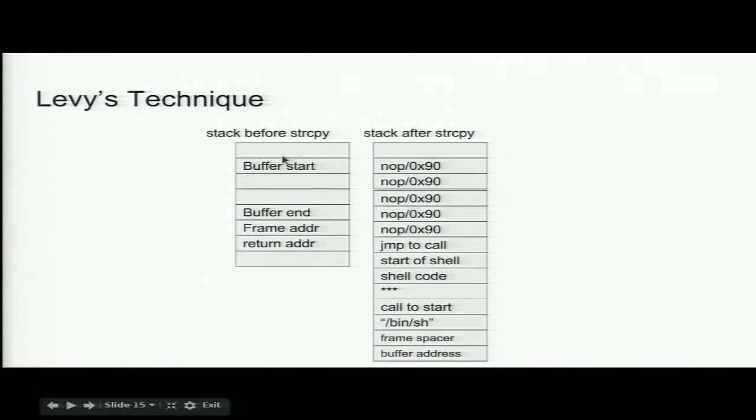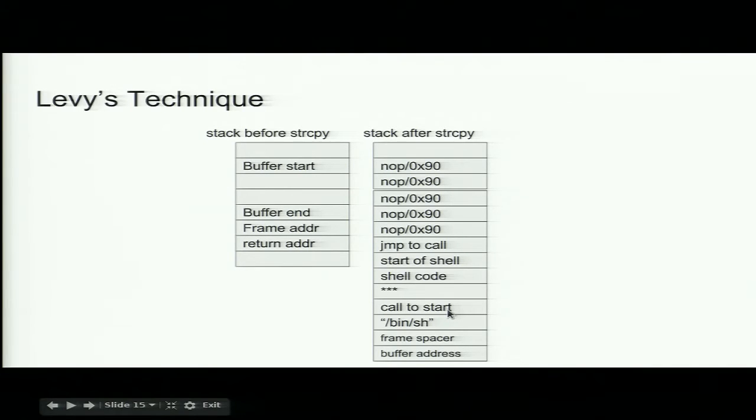So you have the stack before your string copy, which has a buffer, has an end. After it has a frame address. It has the return address. We'll see this over and over. What we're trying to do is put some no-ops in there, so that we have our shell code. And so I'm going to say that these are leading no-ops. This is our jump. This is his trick. Jump to this call, which comes here.